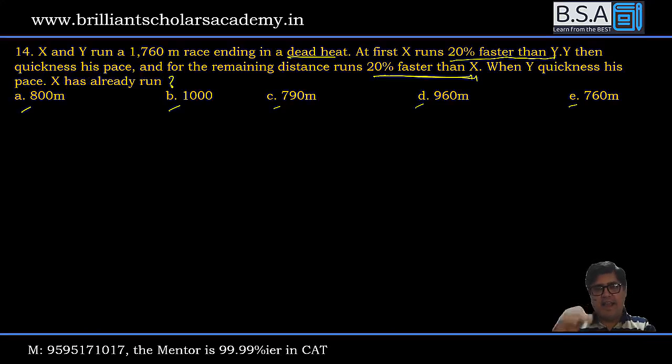Earlier, X has a higher speed. After some time, Y increases the speed, and now Y has 20% higher speed than X. So when Y quickens the speed, how much distance has X covered? Take 2 minutes.